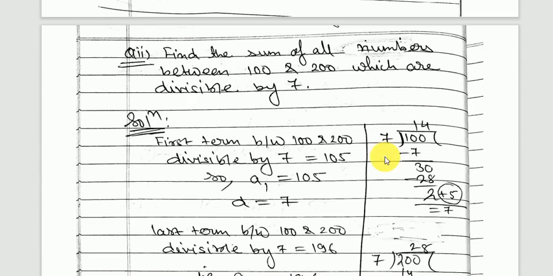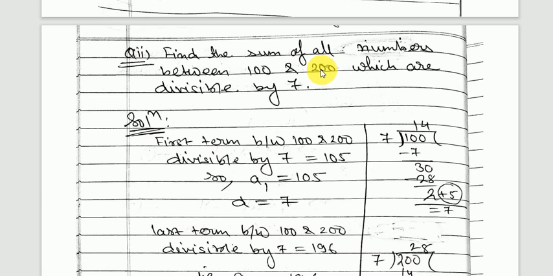That's all. Now question number 2, find the sum of all numbers between 100 and 200 which are divisible by 7. Here we don't know which number will be the first after 100, and which would be the last before 200.